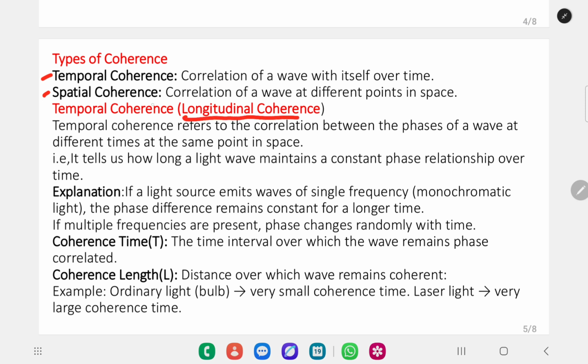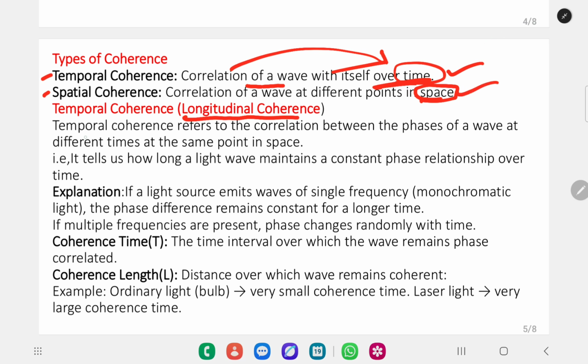Between any two waves or any two sources, if the correlation is with respect to time, then it is temporal coherence. If the relation is related to space, then it is spatial coherence.